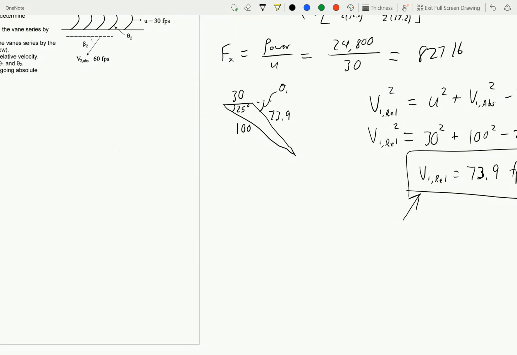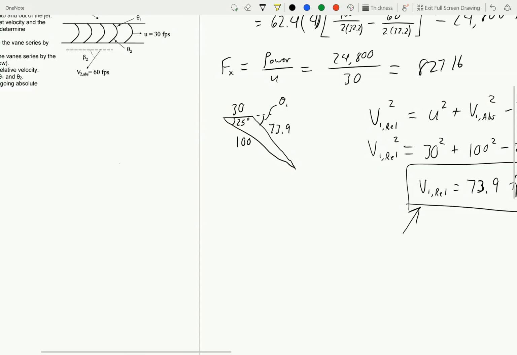Then drawing another vector triangle for the bottom, we will have the V2 absolute. Then we have U here, and the line that connects those is their relative velocity.